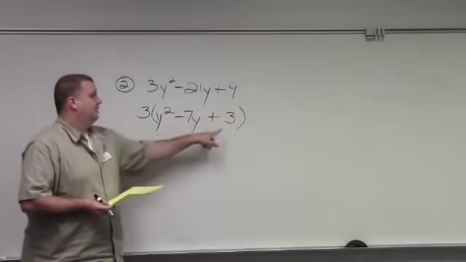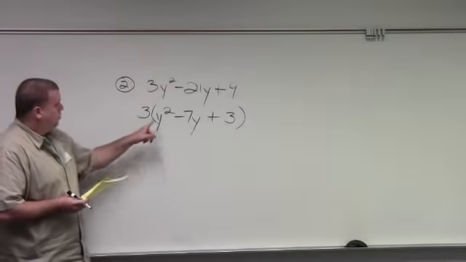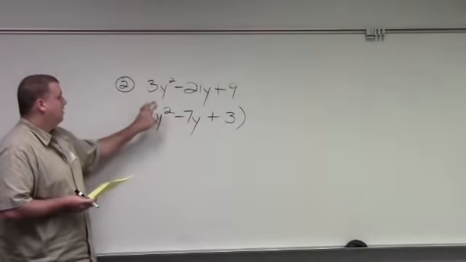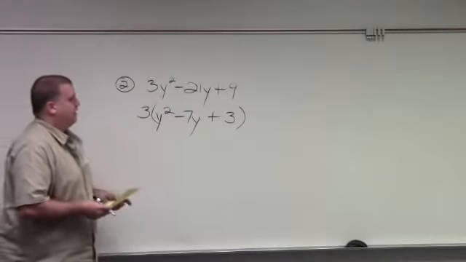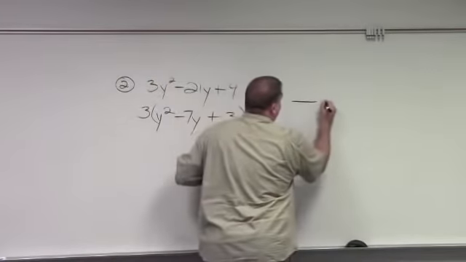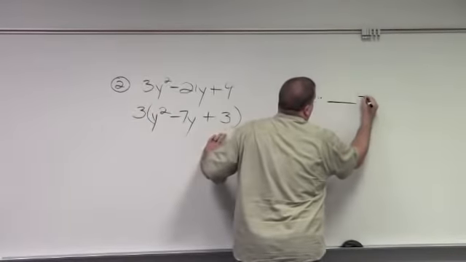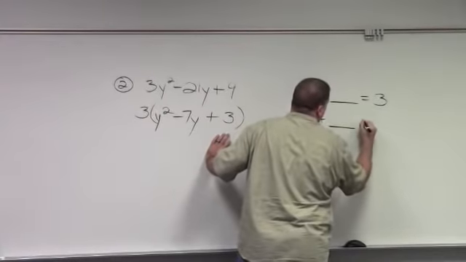No. That is, but that isn't. Leading coefficient is 1? Yes, the 3 is on the outside, so we're just worried about what's on the inside. Let's try simple factoring and see if this works. Is there anything that multiplies to give us a positive 3 that also adds to give us negative 7?